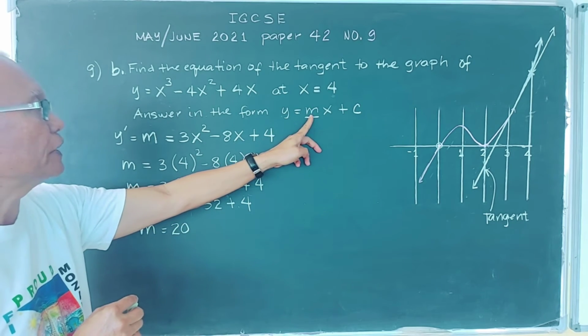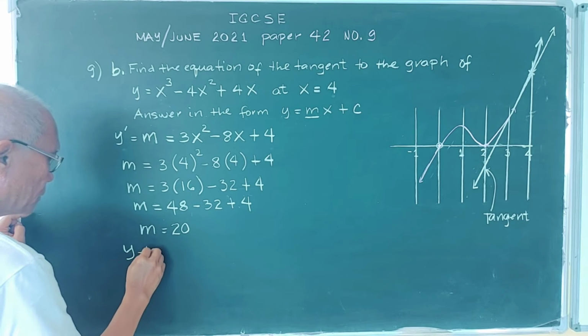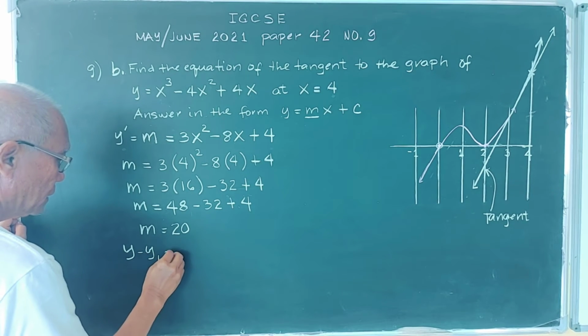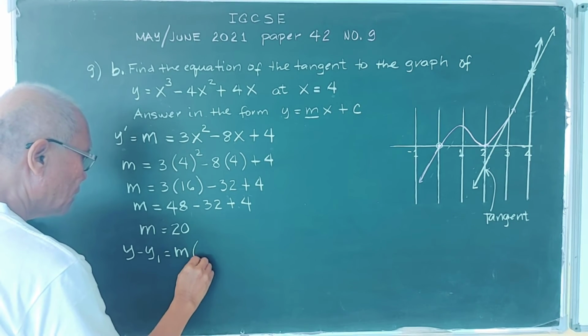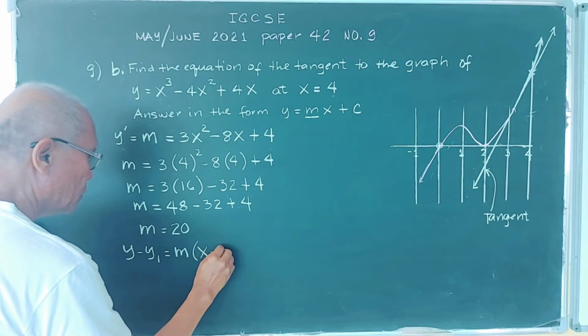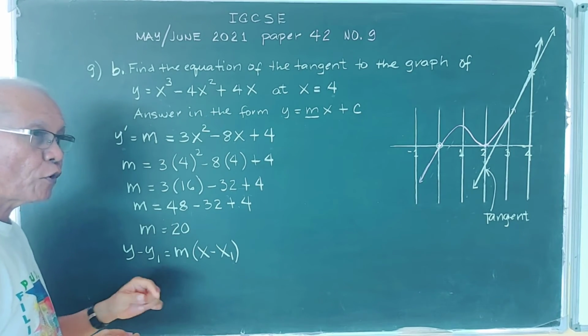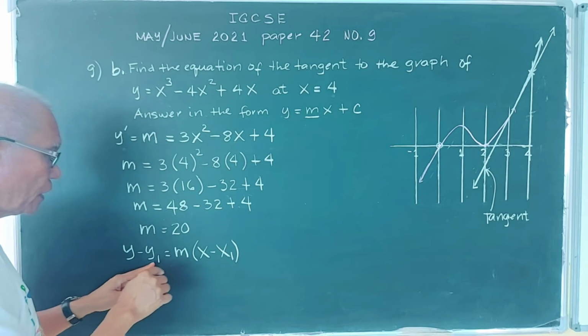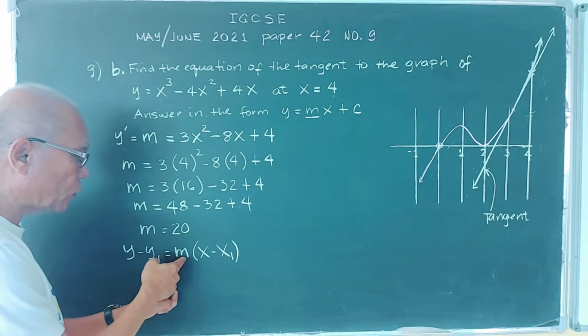Now we have the m. We have y minus y sub 1 is equal to m times x minus x sub 1. This is point slope form. We have a point, x sub 1, y sub 1, and we have the slope.